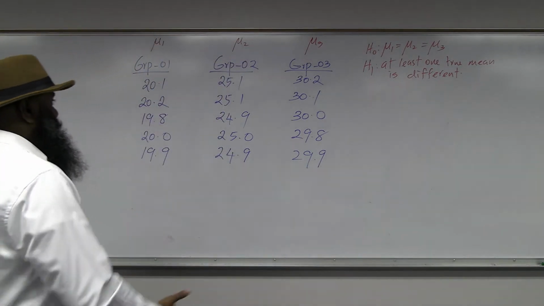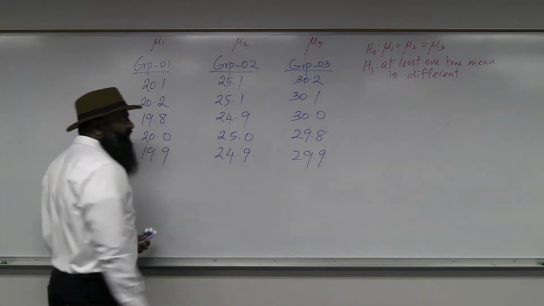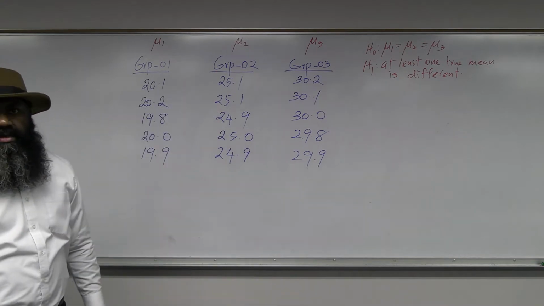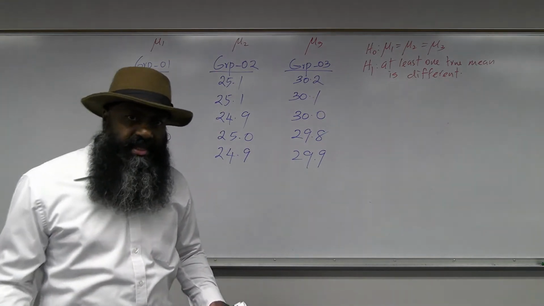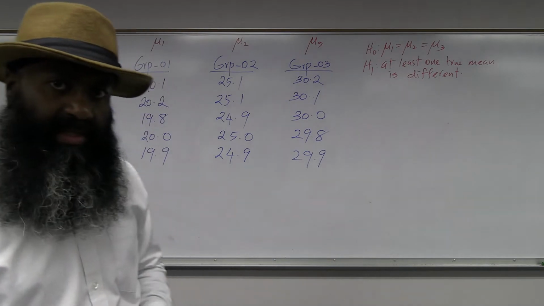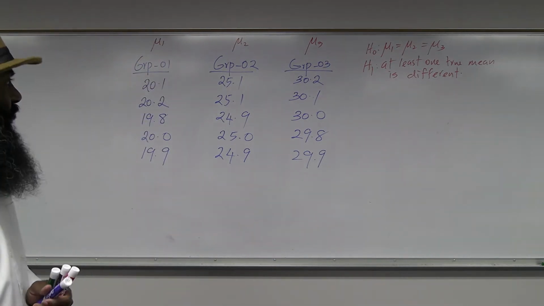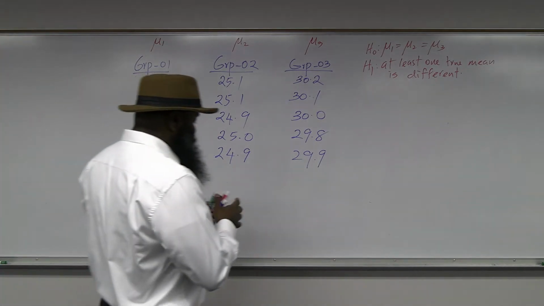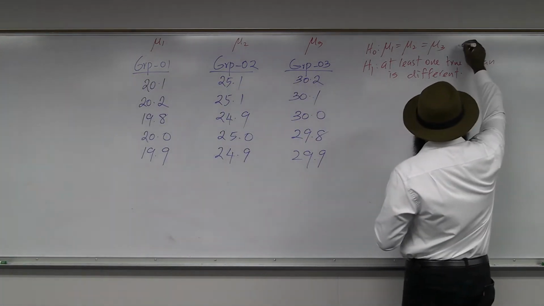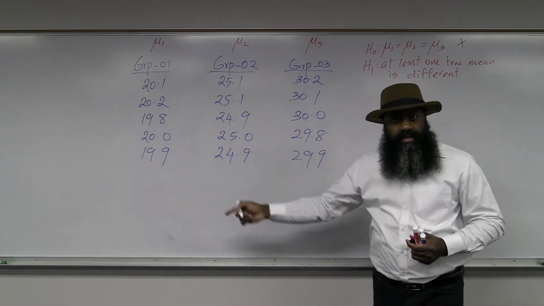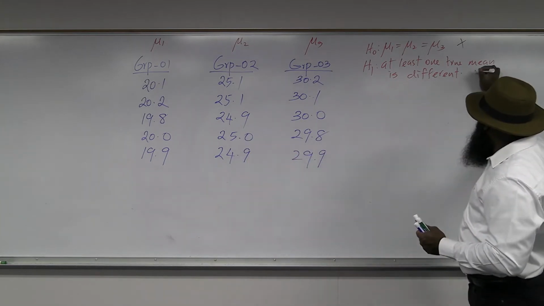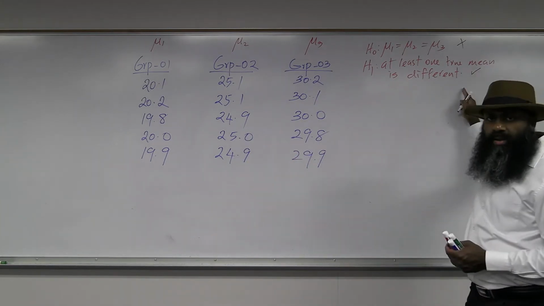Now, based on this data set, what will you say about your null hypothesis? Will you accept your null hypothesis or will you reject your null hypothesis? Very clearly, we can reject our null hypothesis based on this data set. That means we can conclude that our data support this alternative.